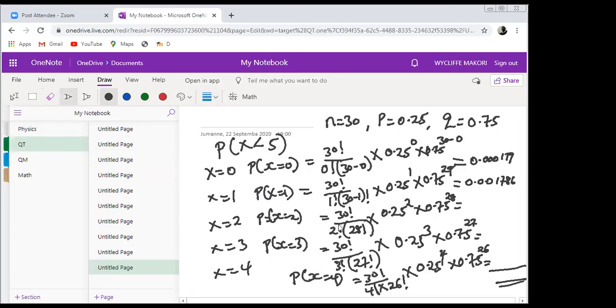Then you do the same to this, which will be equal to 30 shift factorial, divide by, you open the bracket. Then we are going to have 2 factorial, 2 shift factorial times 28 factorial, close the bracket, times 0.25 raised to power 2 times 0.75 raised to power 28.